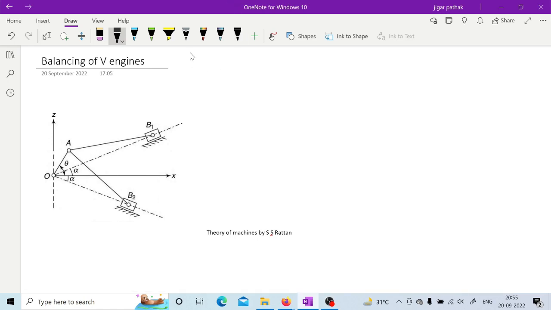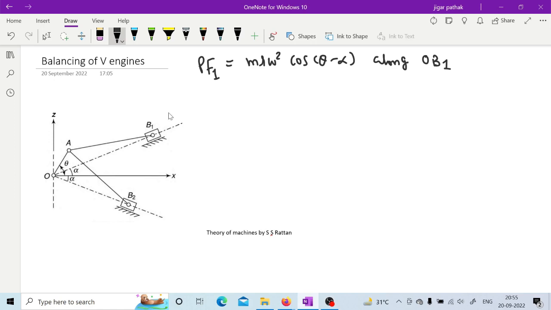So in this case, if you take the primary force for cylinder 1 along OB1, then it will be mr omega square cos (theta minus alpha), right, along OB1.